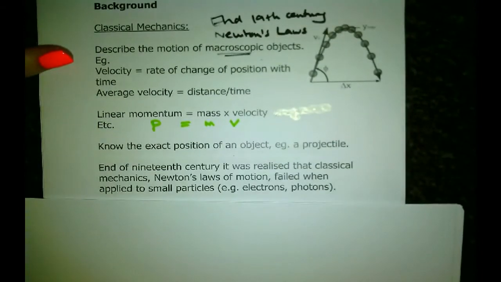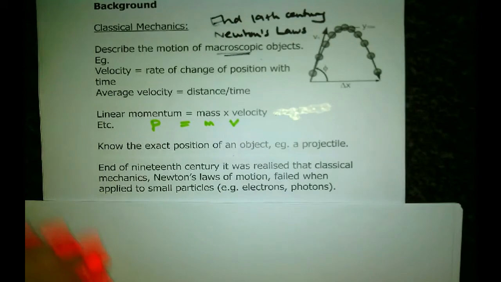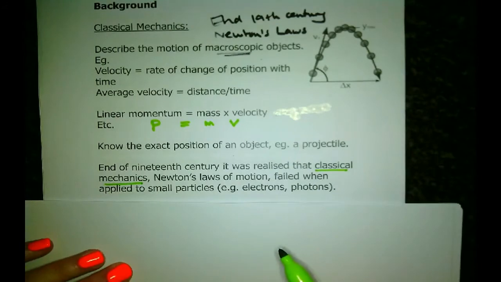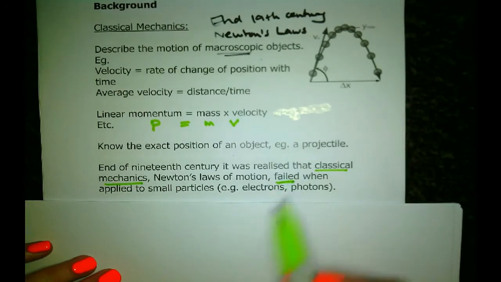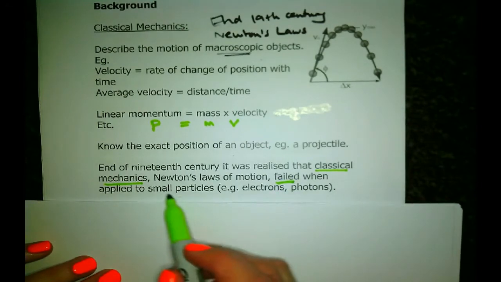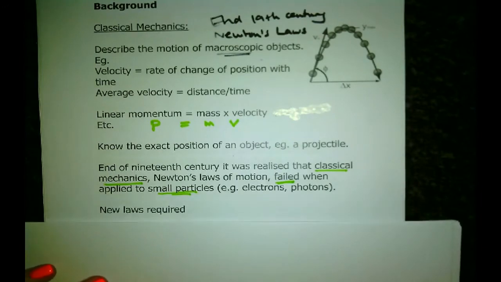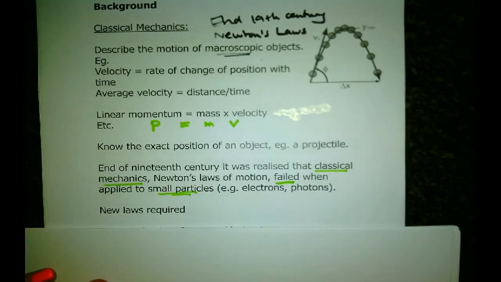However, at the end of that time, it was realized that these equations, Newton's laws, classical mechanics equations, were actually not very useful when it comes to very small particles, for example electrons, photons, neutrons, etc. And it was realized that new laws were required.